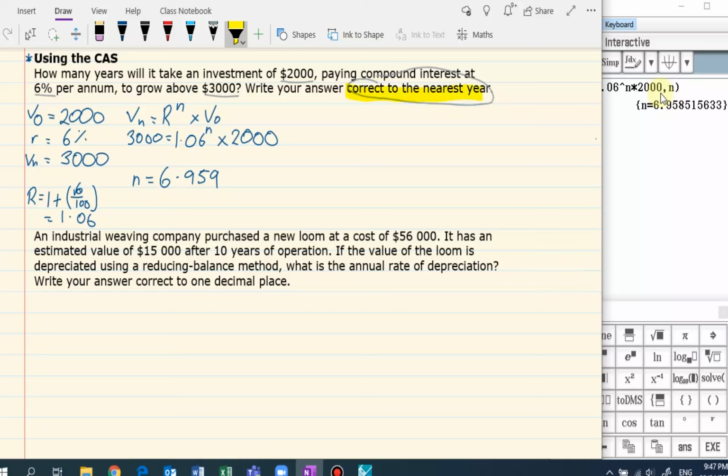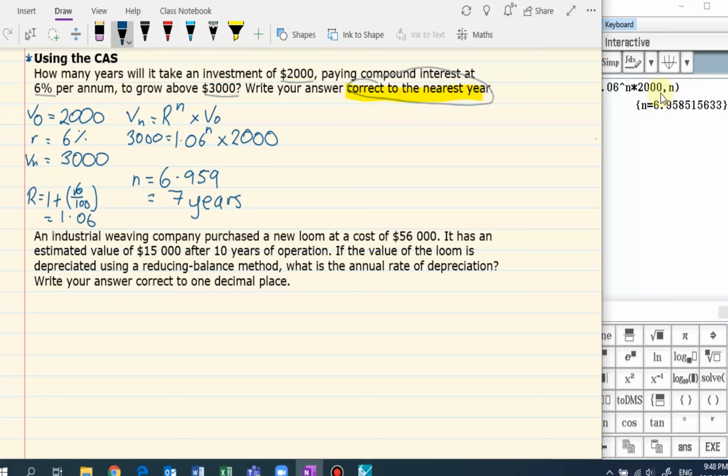Now, lots of these problems, it'll ask you to state it in context. So, for instance, this one, our answer is 7 years, is how long it'll take the investment to grow above $3,000.